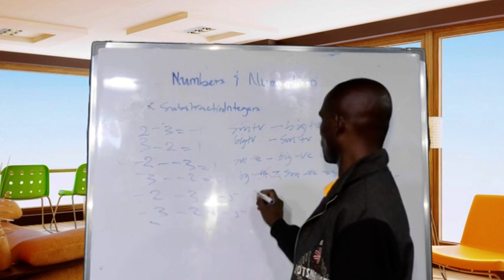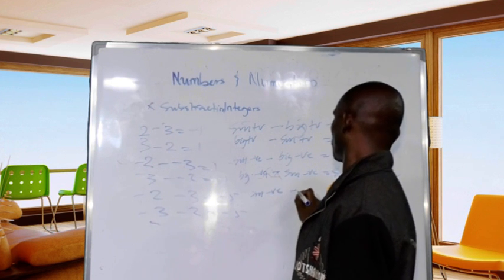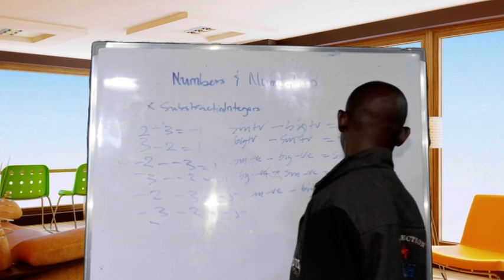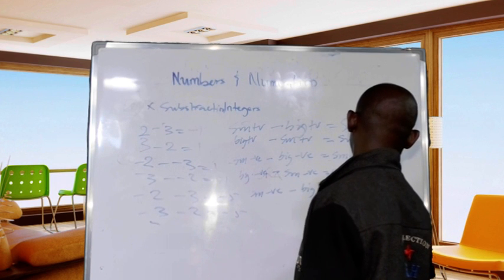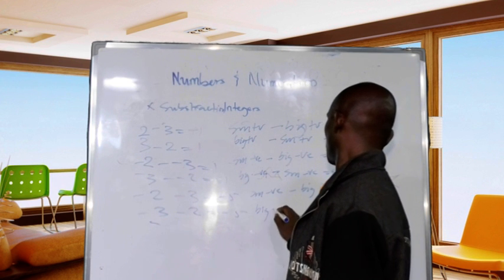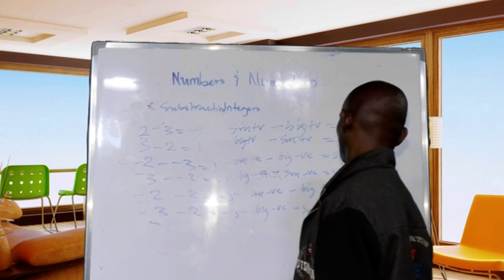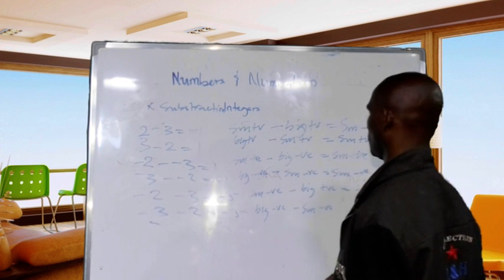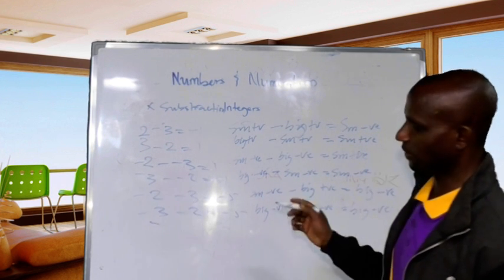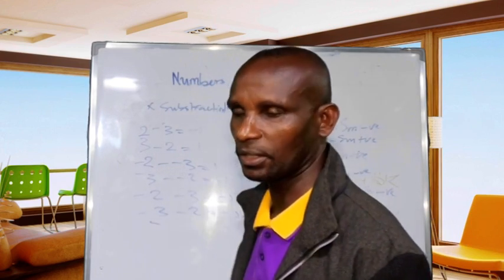This one now says small negative minus big positive is equal to big negative, and big negative minus small positive is equal to big negative. That's a summary of subtraction of integers.